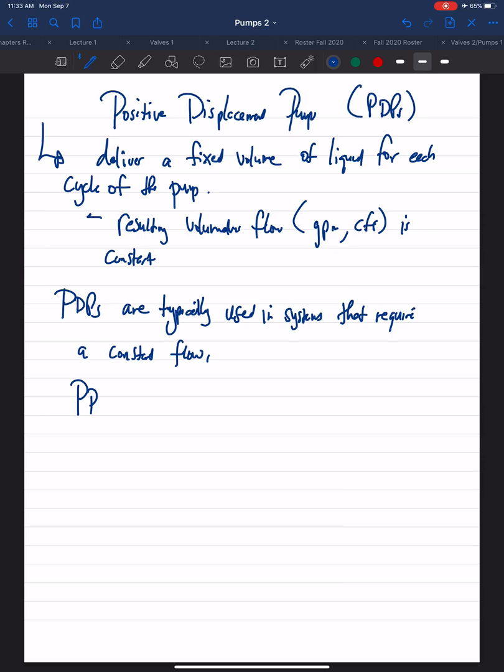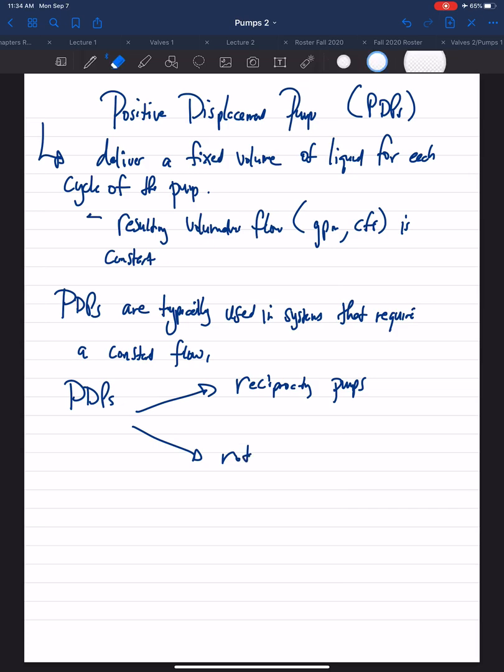PDPs can be grouped into two basic categories. You have reciprocating pumps, and you have rotary pumps.